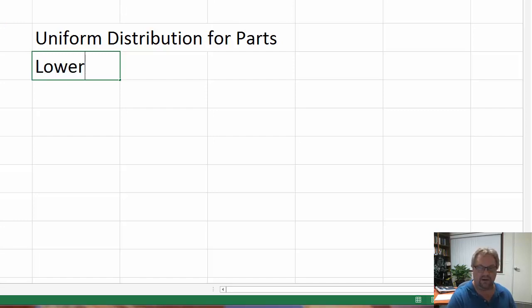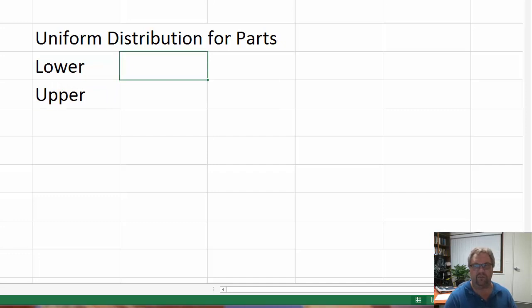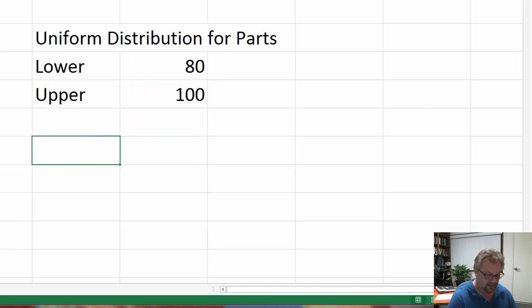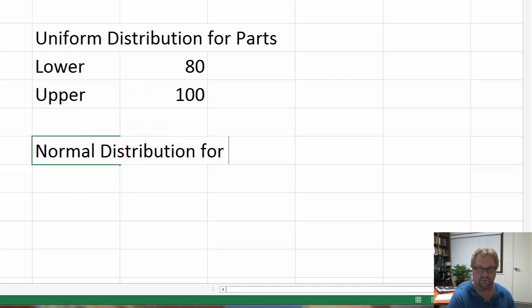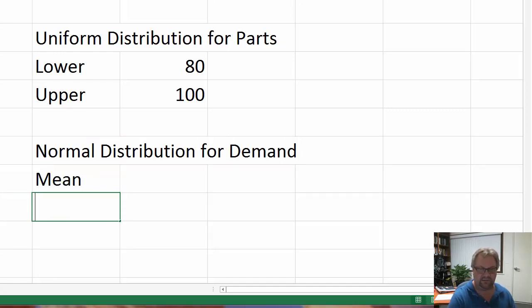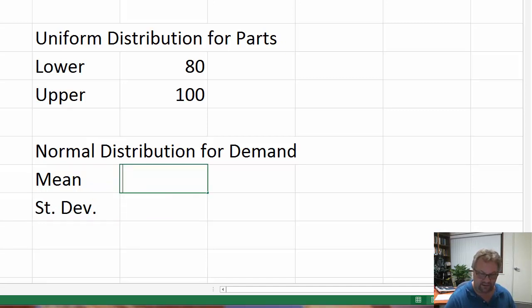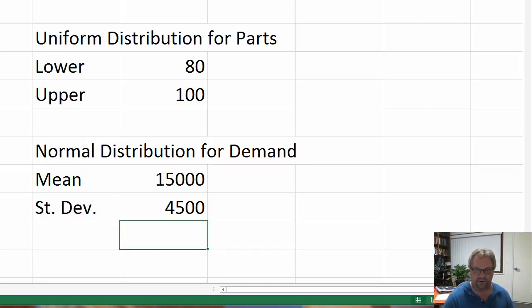Here I need my lower bound and my upper bound. If you remember, that was 80 and 100. And then I need my normal distribution for demand. That I needed a mean and a standard deviation. The mean was 15,000 and the standard deviation 4,500.